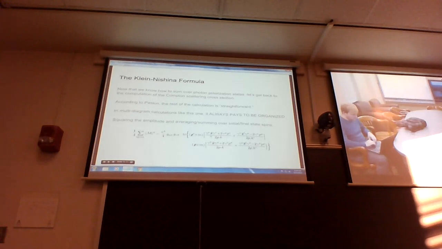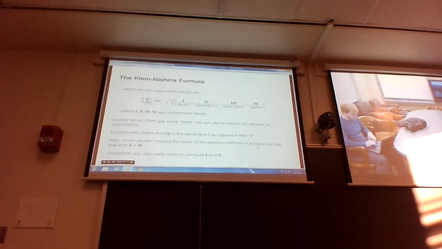If I replace k slash with minus k prime slash, and k dot k down here with minus k prime, I can get to this one. The indices are different, but the structure is the same. So I don't have to calculate 4, because if I calculate 1, I can just make that replacement and that'll give me 4.